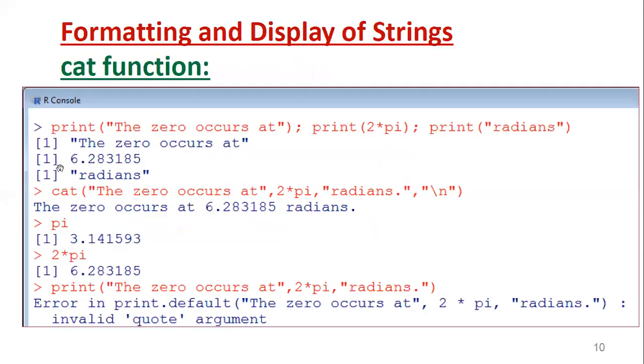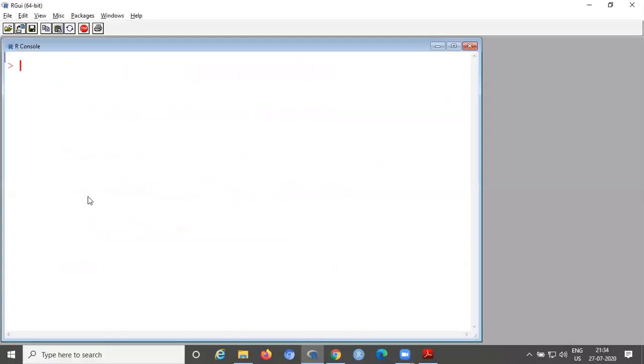First, use the print statement with the different statements. The first one you are printing is "the 0 occurs at". Then the second one, separate statements we have to use.